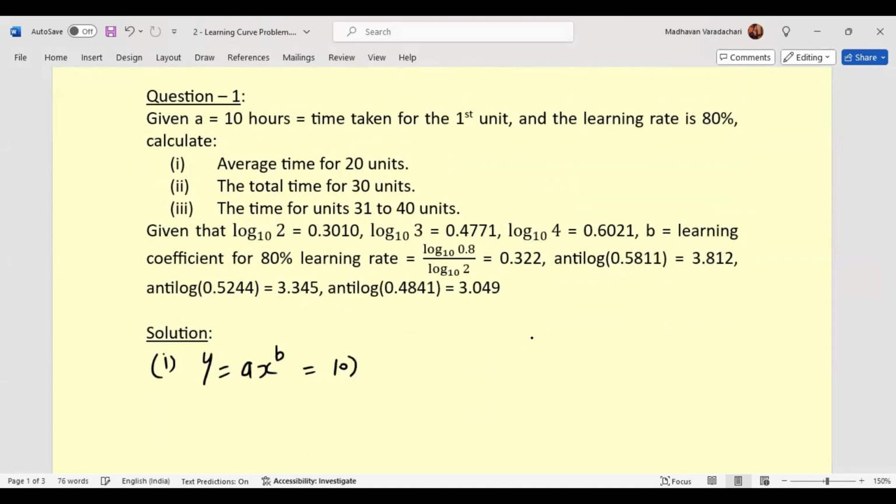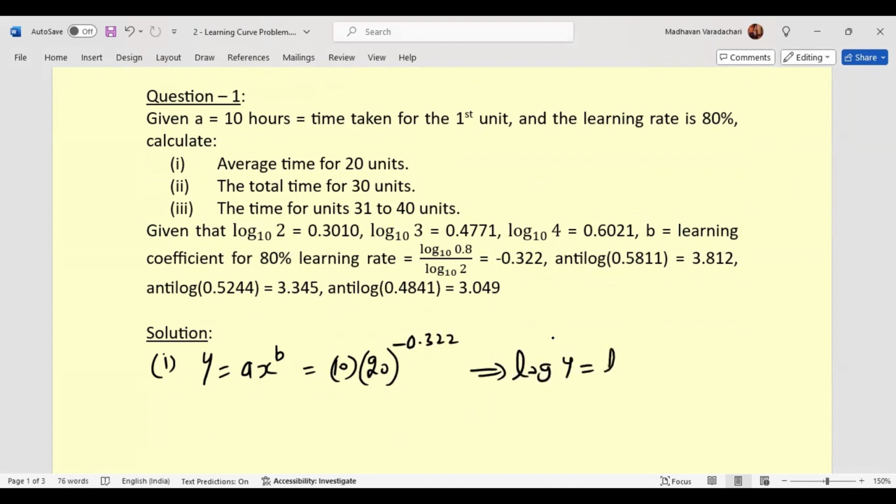So 10 multiplied by x. In this case, we are supposed to do it for 20 units. So x is considered to be 20 units. To the power of b value is already given. It should be minus, I'm sorry, minus 0.322.